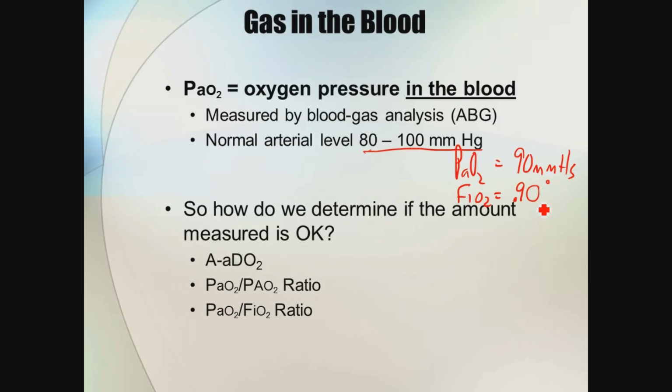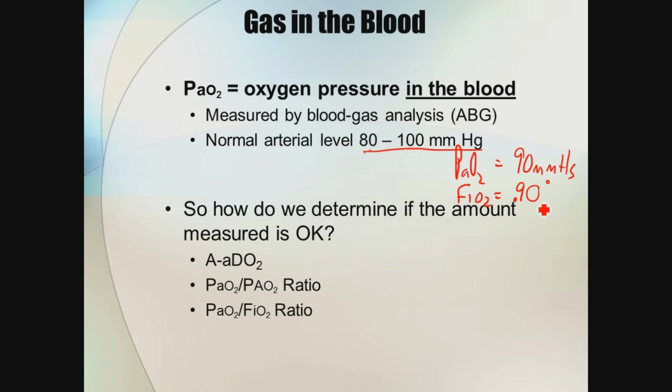That's pretty bad, isn't it? So we need to evaluate any PaO2 based upon what the FiO2 is that's being used to accomplish it. There's 3 different ways we can do this.